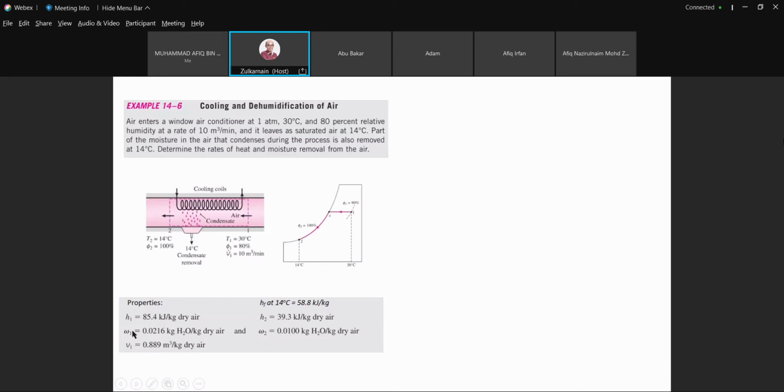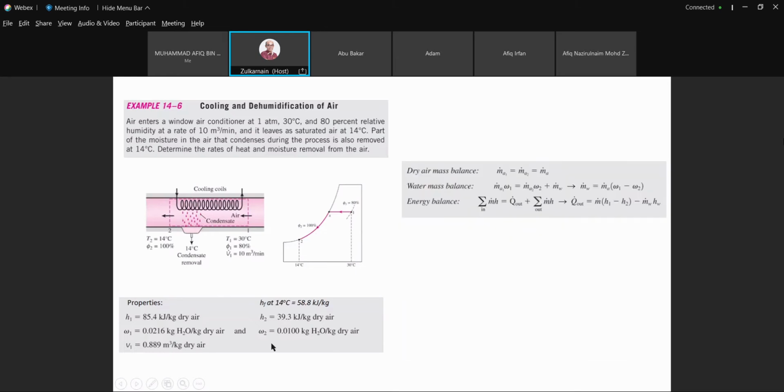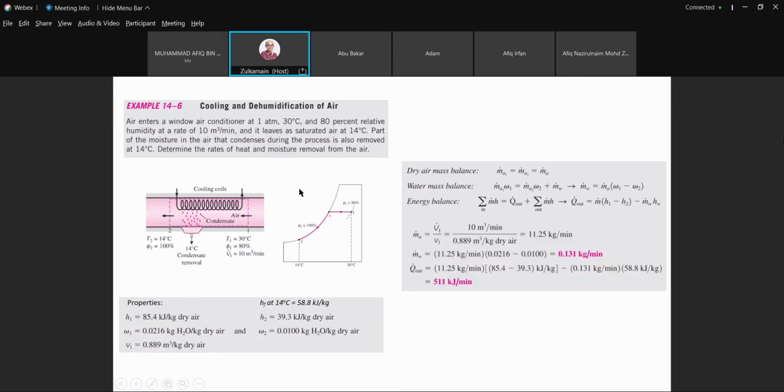And also we could get omega 1 and omega 2, and also the specific volume at state 1. This is the energy balance and the mass conservation. So from here, we are going to have the m dot A. The m dot A is equal to V dot 1 divided by v1.